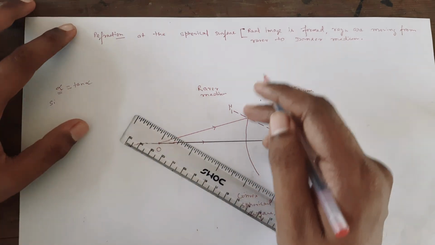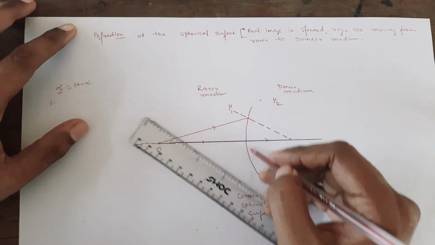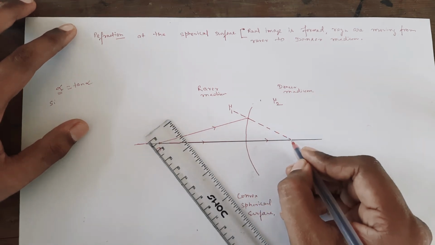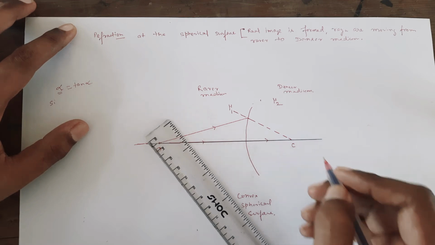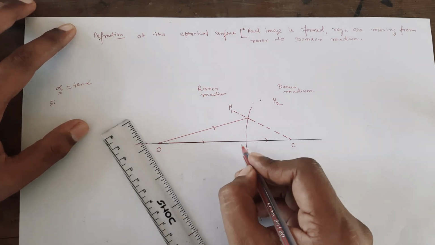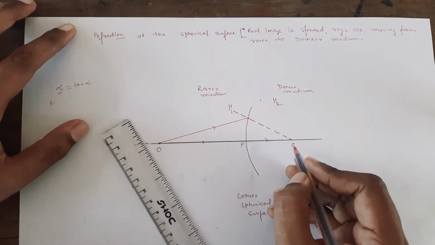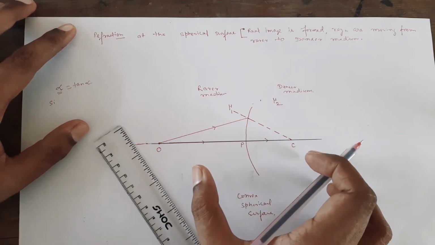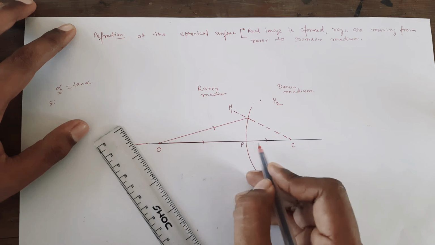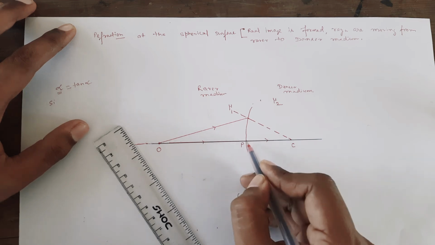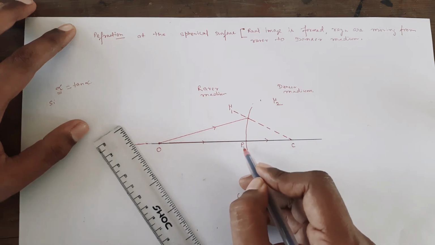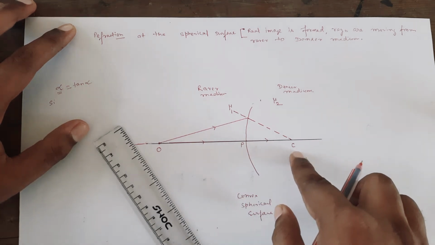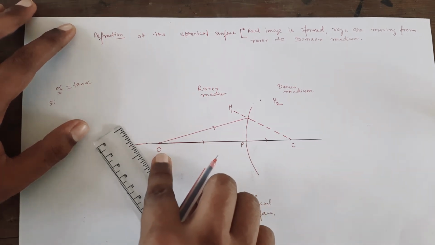So of course if this is a spherical surface, this is normal, definitely this normal will pass through the center of curvature C, and this is the pole P. The center of curvature and this object, both are lying on the principal axis, and the line cuts the spherical surface at the point P. So this point P will be known as the pole. So P is the pole, C is the center of curvature, and O is the object position, and this is a point object.